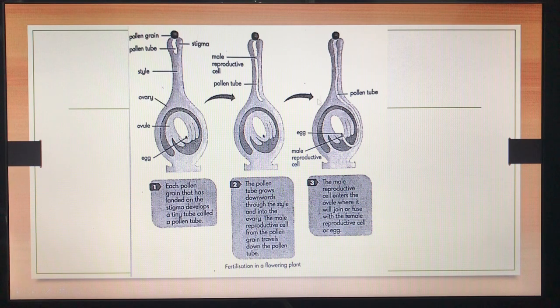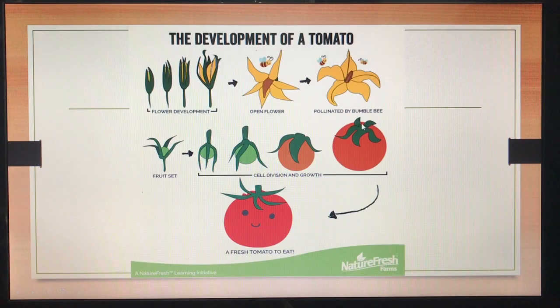Once it successfully reaches the egg, fertilization will take place. If you can turn to your textbook to page 63, you'll be able to see in detail how fertilization happens. Once fertilization happens, fruit will be produced.